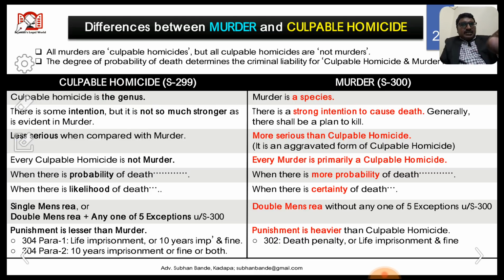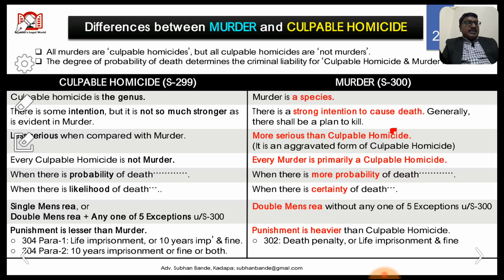There is some intention in culpable homicide, but that intention is not so strong as is evident in murder. But in murder, there is a strong intention to cause death.